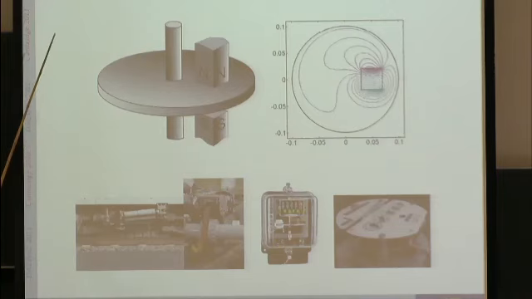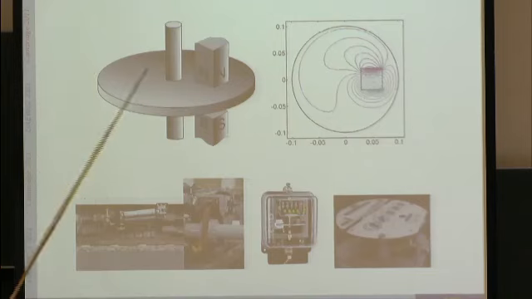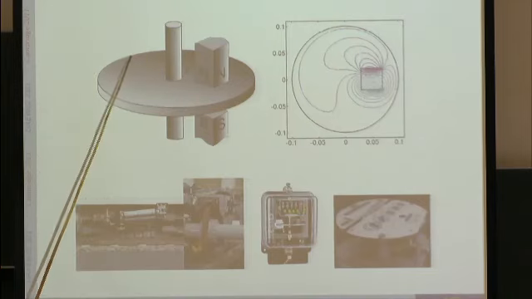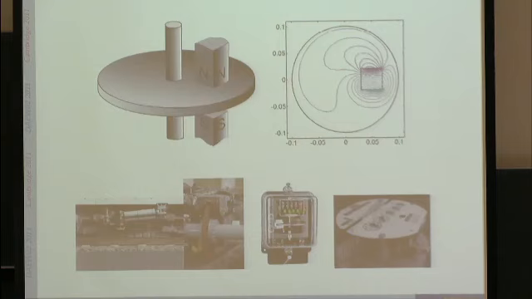So the interaction of the magnetic field and the rotating disk is such that the magnetic field induces eddy currents within the disk. So it creates the resistance force, the torque, which brakes the disk.